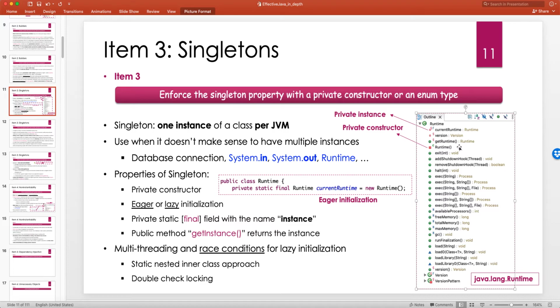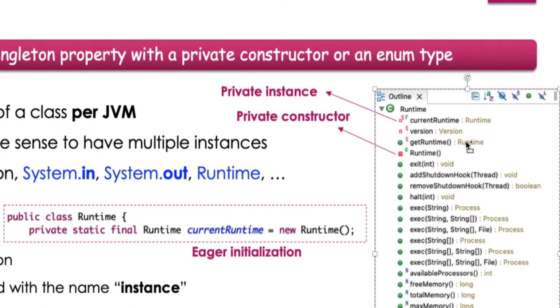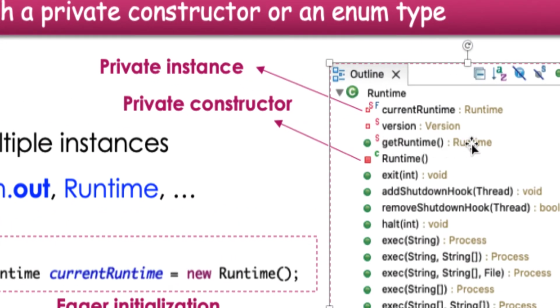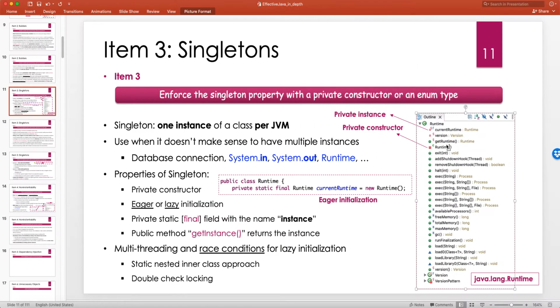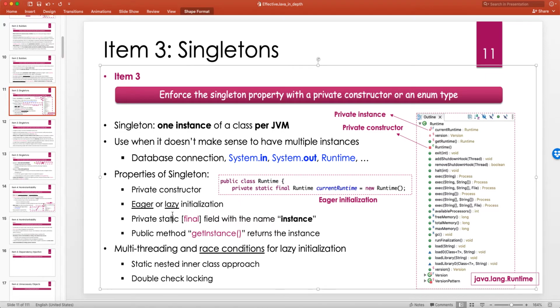You have to define the getter as a static method, which in the case of Runtime is the getRuntime method. So this is not a simple getter, it's more like a factory method, because factory methods are static. And getRuntime is also static. Again, it's more customary to call it getInstance, and it's a public static method, and as you can see, it returns a Runtime object. So you provide some sort of access to the only instance of that particular class, right?